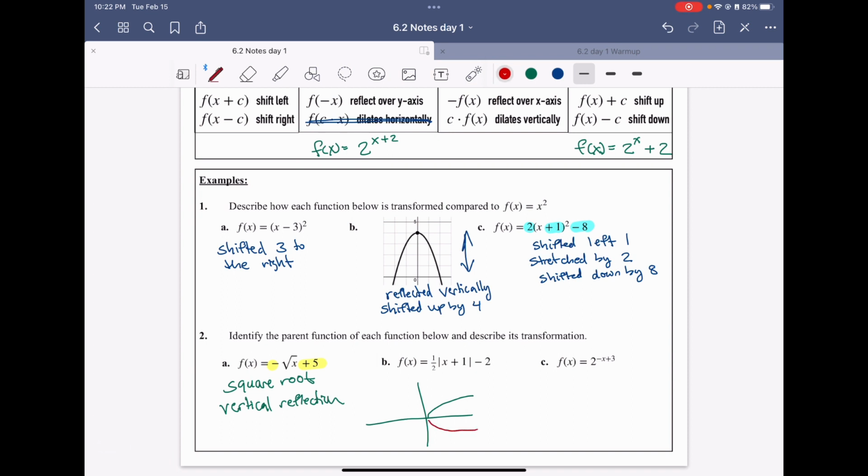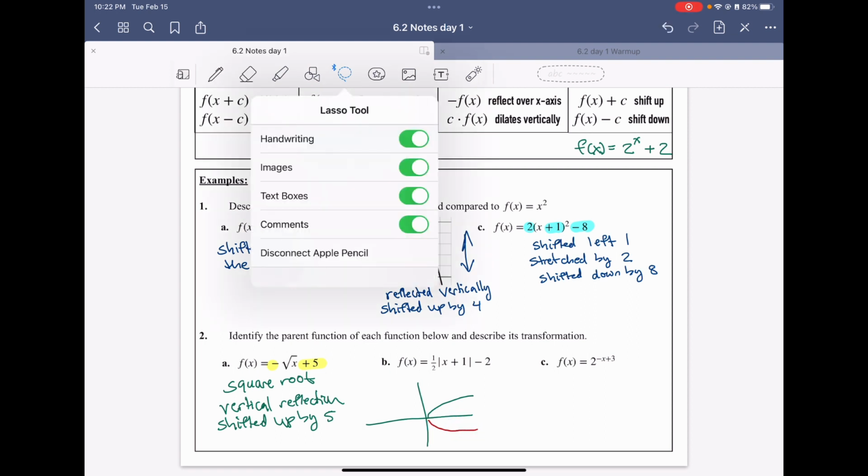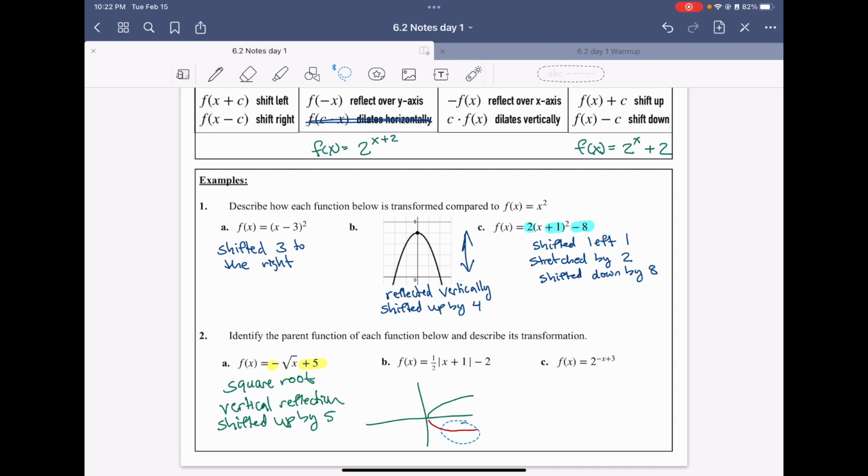And then the last thing I have is I'm going to be shifted up by 5. Okay, so vertical reflection, shifted up by 5. And so this red line then, let me see if I can do it, is going to move. Oh, nope, I got both of them. Let's try that again. Yeah, move up by 5. Okay, so that's what my new function looks like.